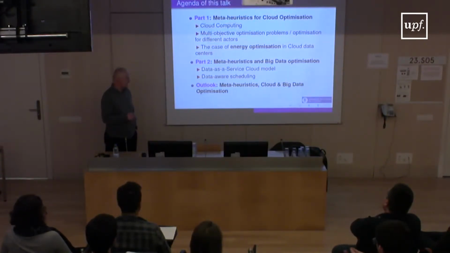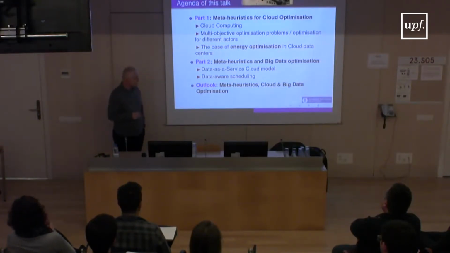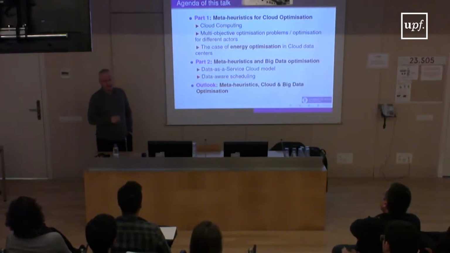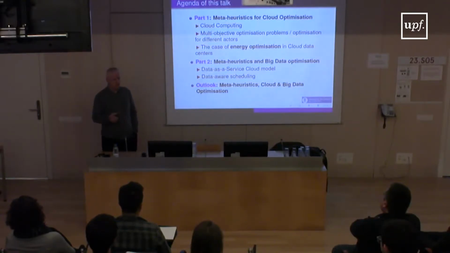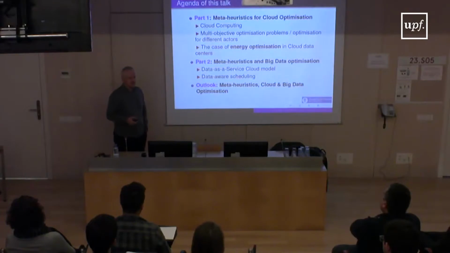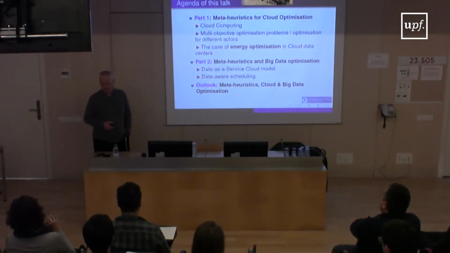In particular, I'll introduce the data-aware scheduling, which becomes really critical in the context of big data, essentially because we can't ship the data from one place to another, because they are terabytes of data. So differently from other distributed computing paradigms like grid computing, now you don't ship the data, you ship the computational task, the program, right?